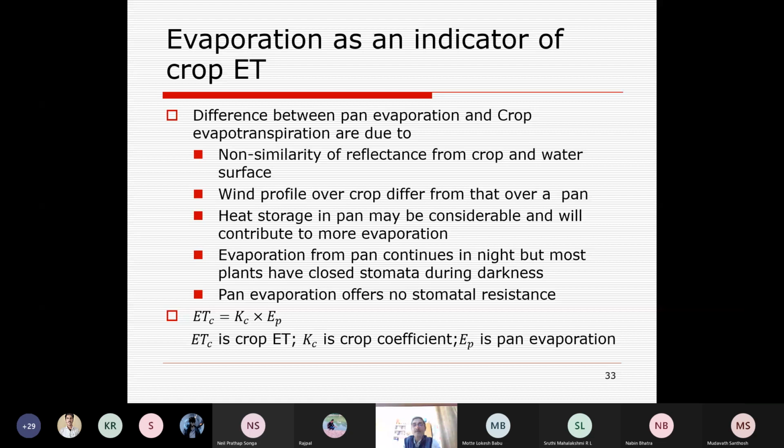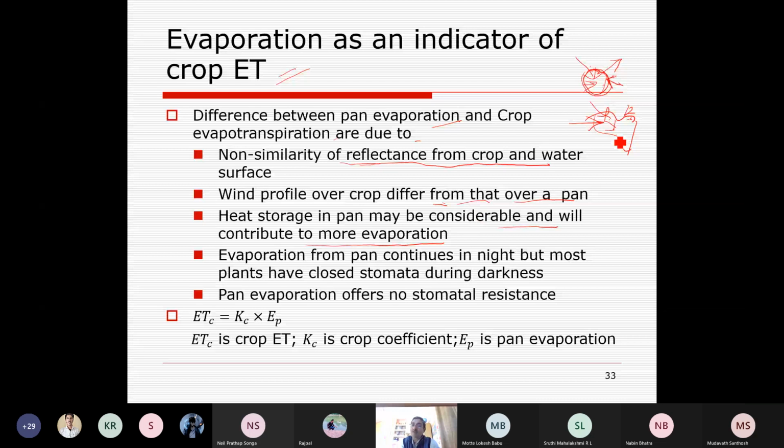Second, there could be a difference like the wind profile over the crop differing from that over the pan site. Any absorption is more than radiation. However, it has a difference from the actual crop. So basically heat storage in the pan may be considerable and will contribute to more evaporation than the actual evaporation from the area.